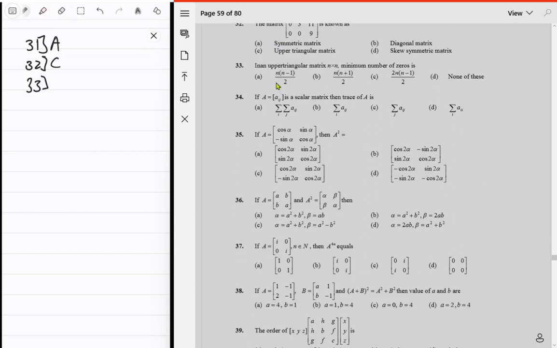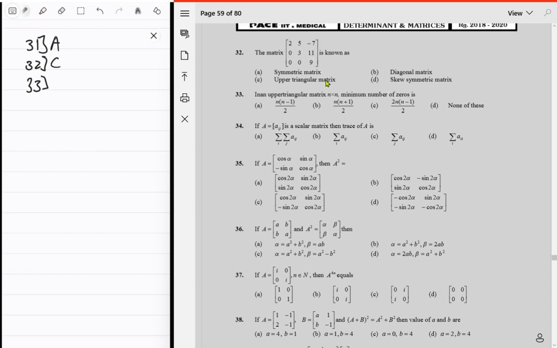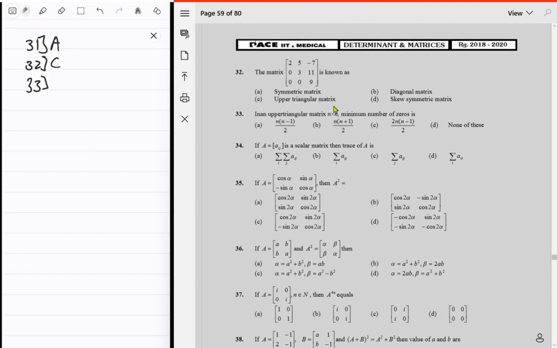In an upper triangular matrix, so something like this, of course n times n, the minimum number of zeros is... Ah, right. If all of these entries, which are not supposed to be zeros, are actually not zeros, then that would be the minimum number of zeros, because otherwise you would have more zeros.